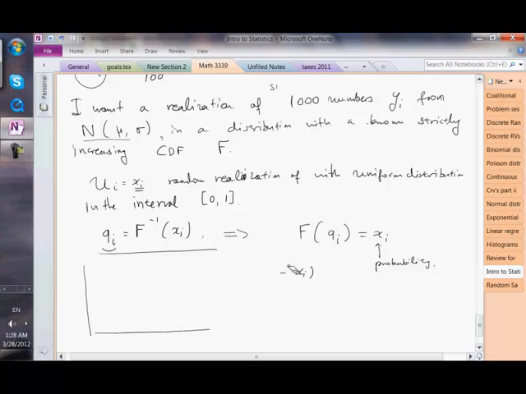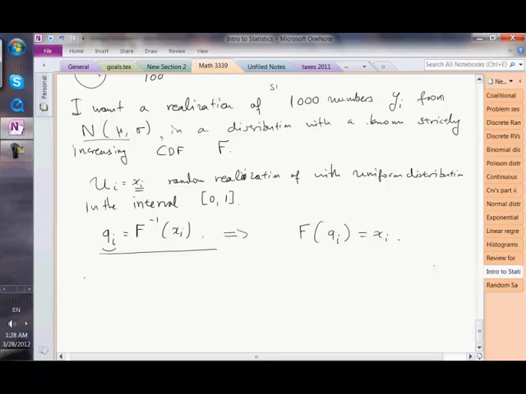Okay, I'm not going to do it like that. I'm going to say something simpler. And the simpler thing is the following. And that's also a justification for this.